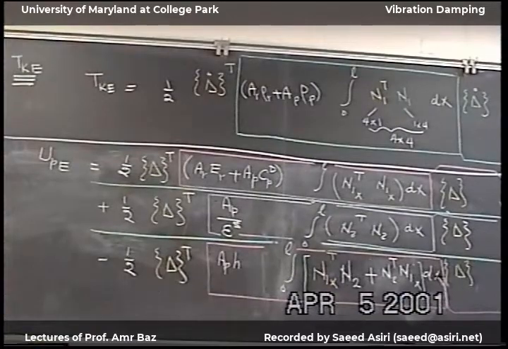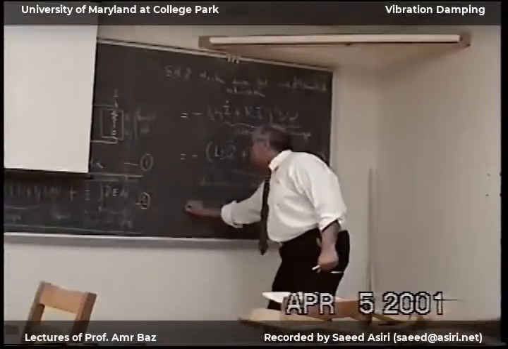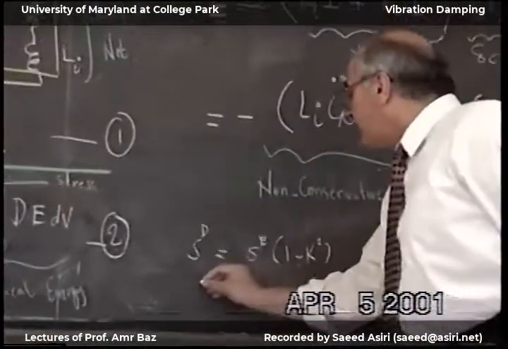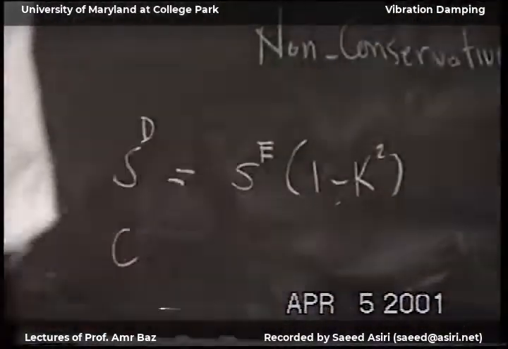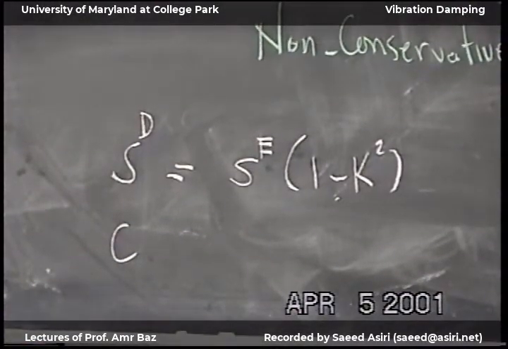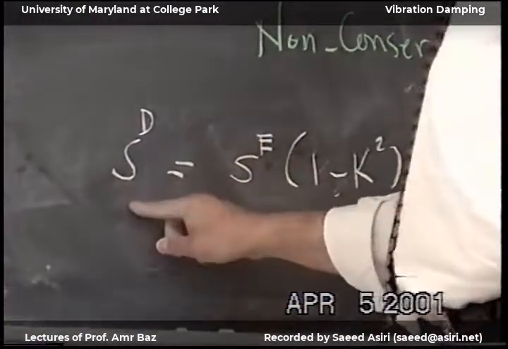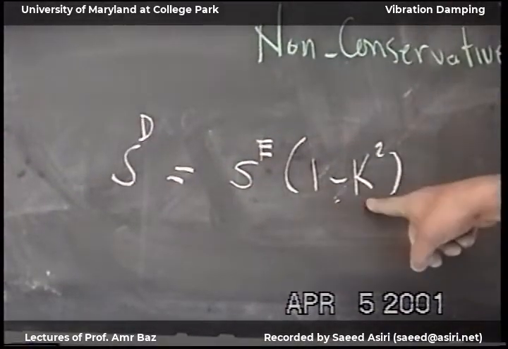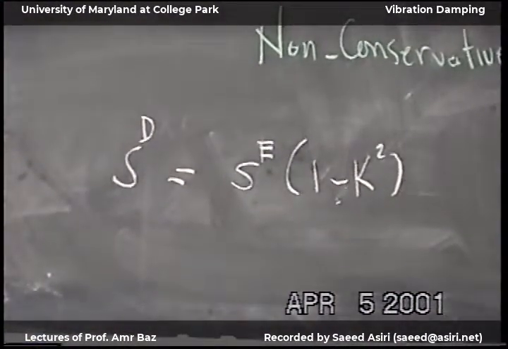So we have SE, 1 minus K squared, is equal to SD. If I take the reciprocal of this, then I have the Young's modulus at shunted circuit, Young's modulus at open circuit, 1 minus K squared. So you put the properties from the beginning.